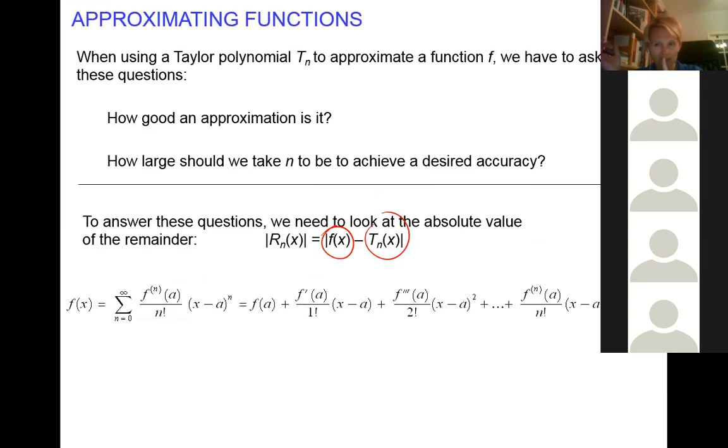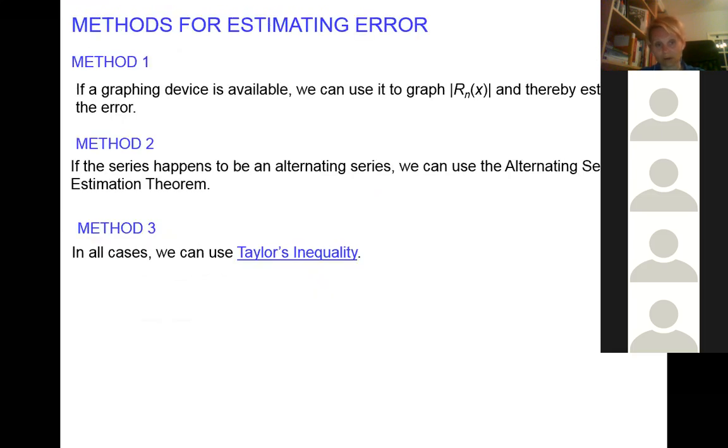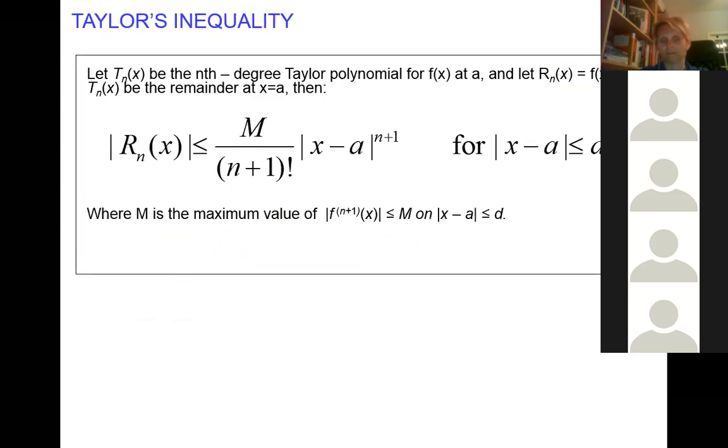It's quite similar to what we did for the alternating series approximation theorem. Let's see how big this error is. We will call this Taylor's inequality. We can still use the alternating series estimation theorem, but for this one, we will use Taylor's inequality, which is almost the same thing.